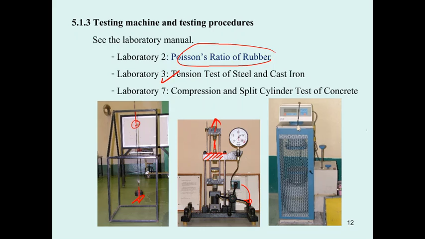And also this one is for the split tensile test of lab 7. This is a 2000 kilonewton compression machine.